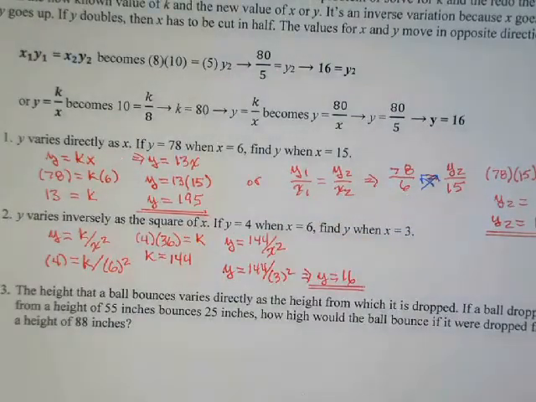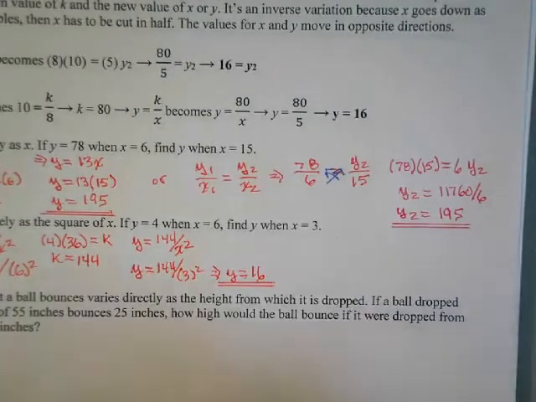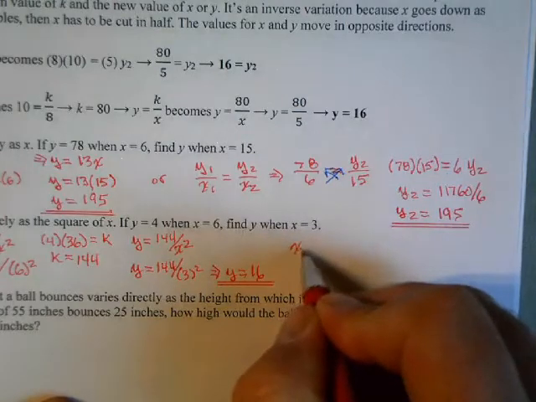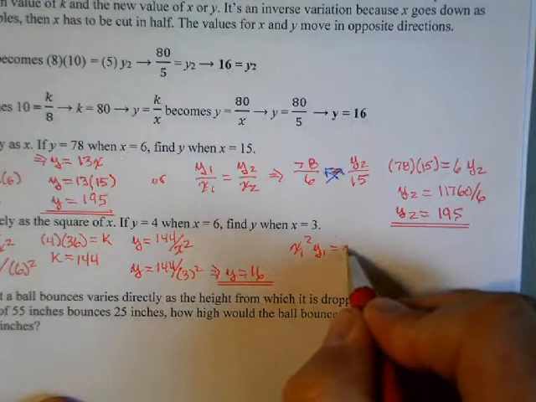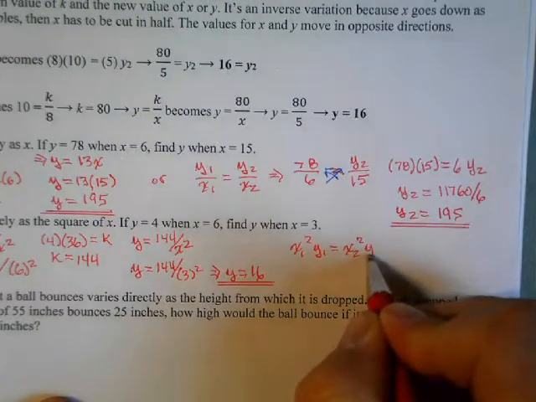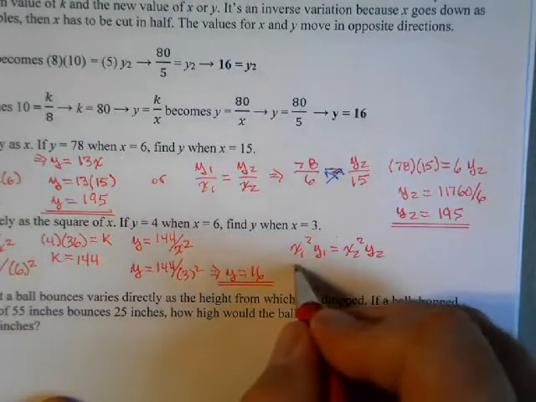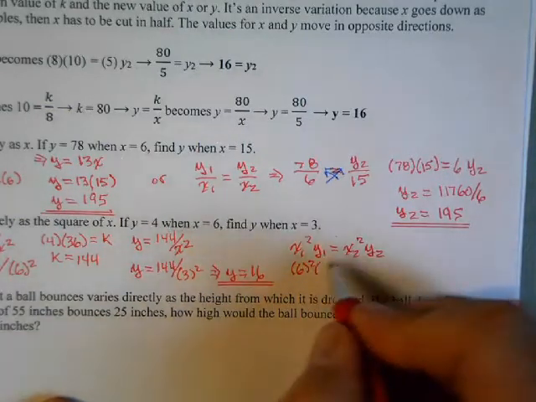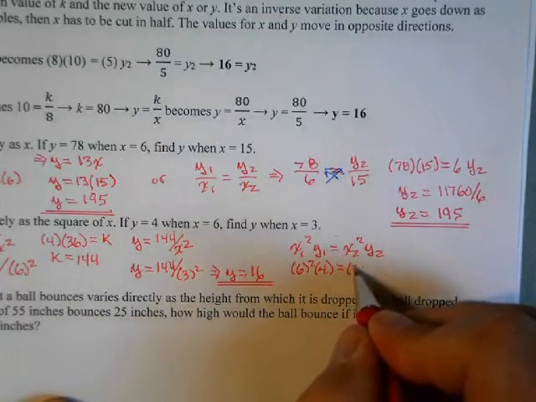All right, let's do it the other way now. So x1 squared y1 is going to equal x2 squared y2. So 6 squared times 4 is going to equal 3 squared times y2.